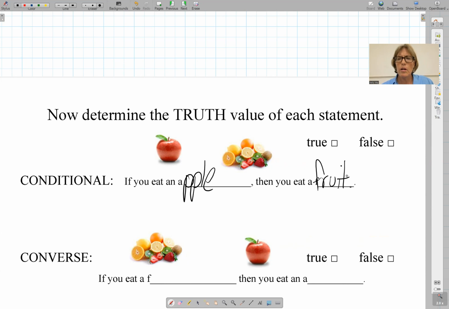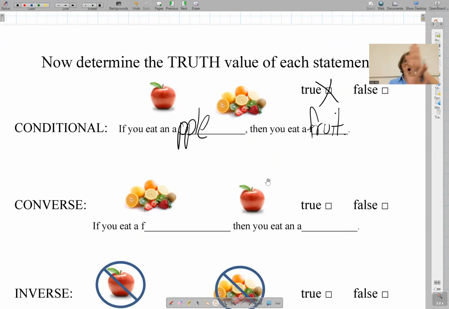And you think, is that a true statement? Well, yeah, an apple is a fruit. So if you've eaten an apple, you have eaten a fruit. So check, true statement.